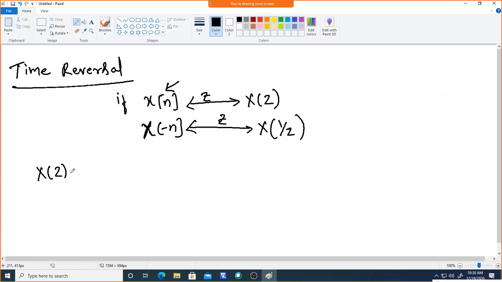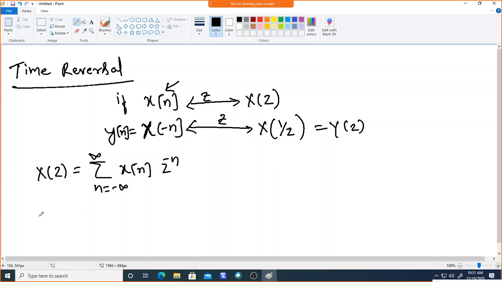x of z, we know, is the summation from n equal to minus infinity to plus infinity of x of n into z power minus n. Now we take y of n as the time-reversed signal, and we need to prove that the corresponding y of z is x of 1 by z.